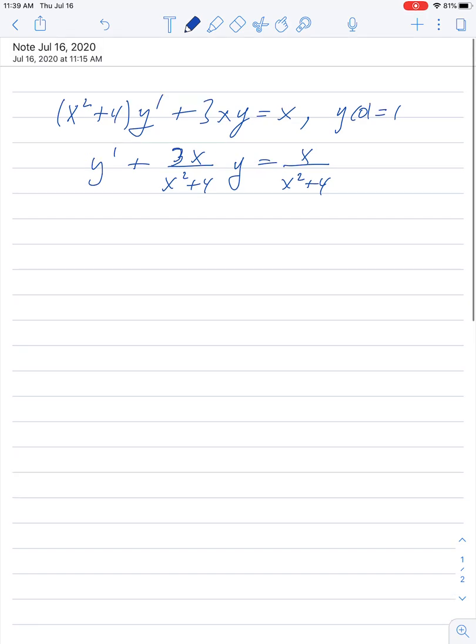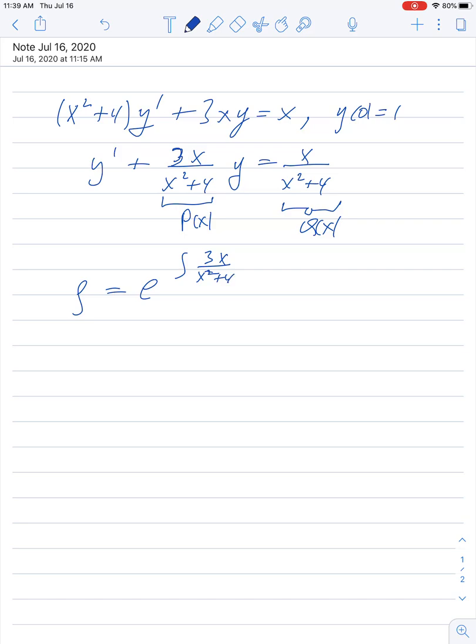The coefficient in front of y is this. That's p(x), and here we have q(x). In the next step, we shall compute the integrating factor. Integrating factor will be exponential integral p(x) dx, so we write 3x over x squared plus 4 here dx, and then we have to evaluate this integral.